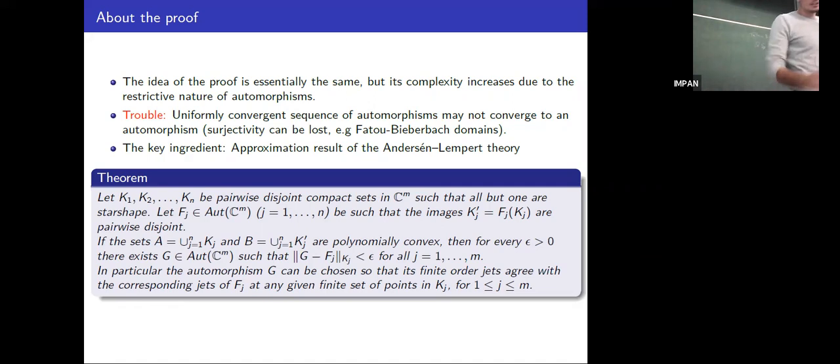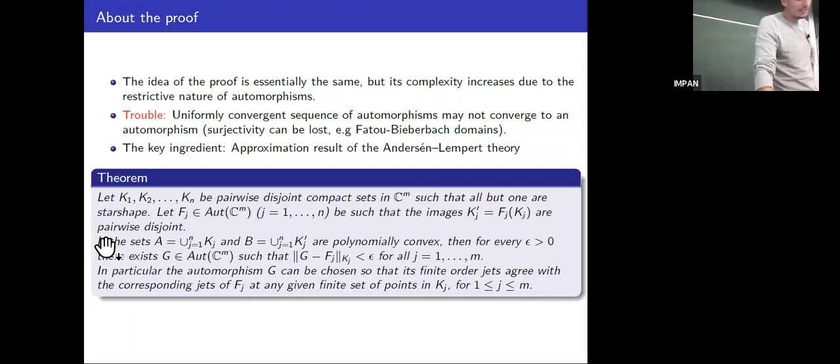And there's another condition that the images under these maps are pairwise disjoint. These are natural conditions. If you prescribe that the image on this one be like that and the image on this one be like that, it cannot happen that the images intersect. Otherwise it's not going to be injective, so it's not going to be an automorphism. That's why the images have to be disjoint.